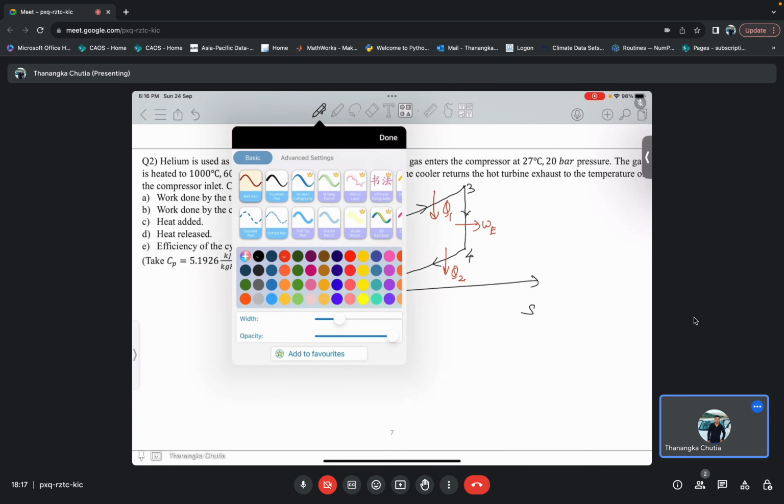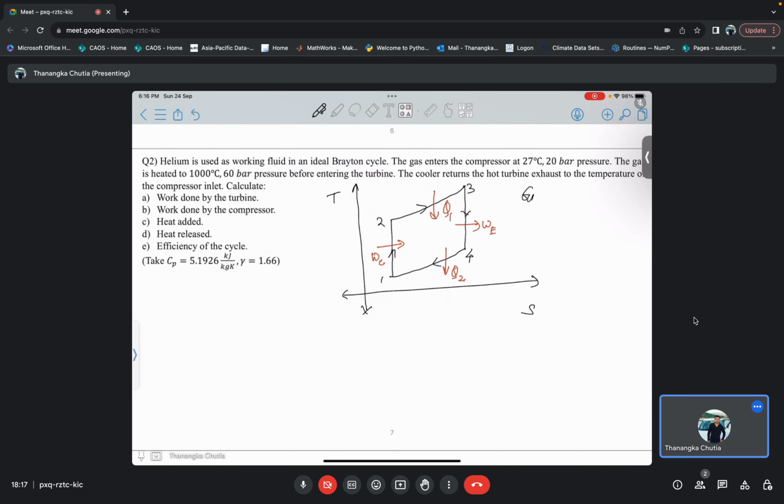Okay, so now given: the gas enters the compressor, so 1 to 2 is the compressor process, so T1 is given to you as 27 degrees Celsius, so 273 plus this one, I can write this one as 300 Kelvin, and P1 is given to you as 20.